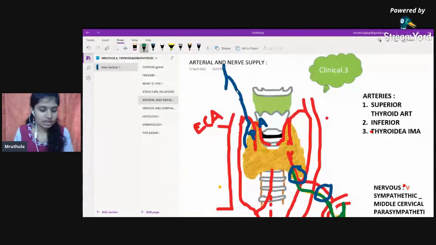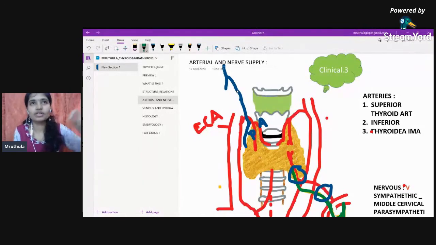Ligation means we are cutting the supply. When we ligate, sometimes accidentally, if we ligate the artery close to the nerve, there are chances we may cut the nerve. So for that reason, when I want to ligate the superior thyroid artery, I will ligate it distant from the gland.